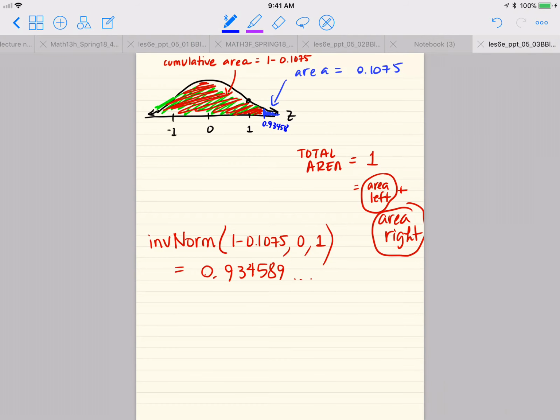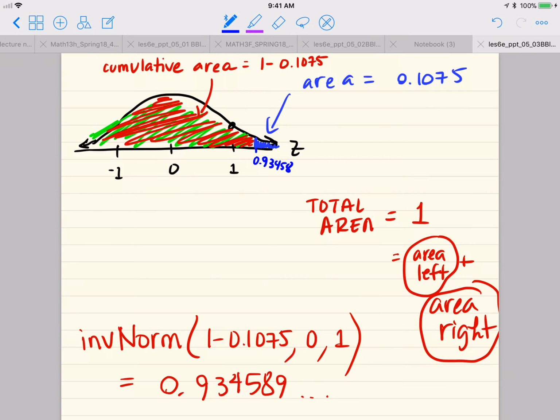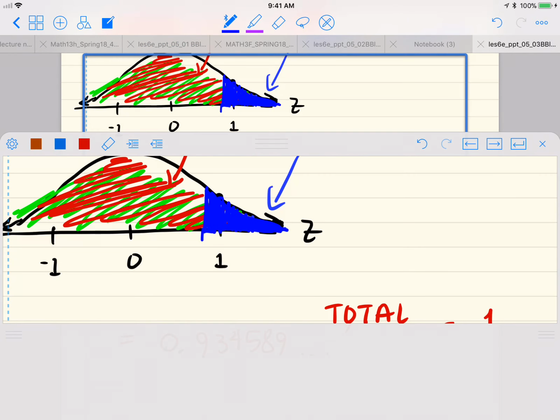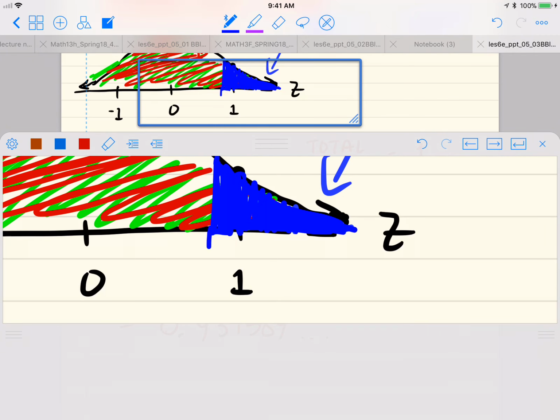Can you tell that I've drawn my picture incorrectly? Because if my inflection point is 1, then 0.93458 should be to the left of it. So I need to adjust my picture. 10% is actually a little bit further over, so I'm going to move this over a little bit, and say this is 0.93.